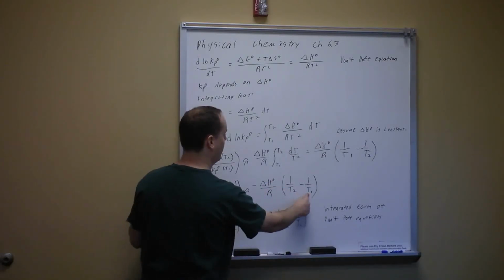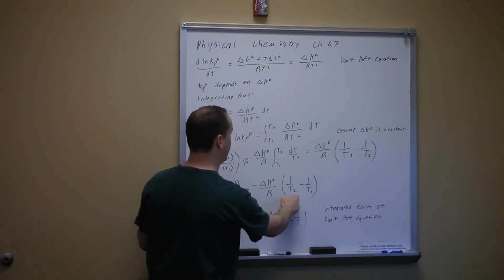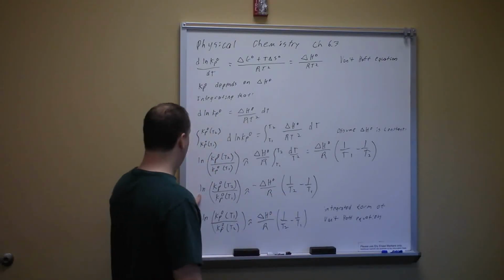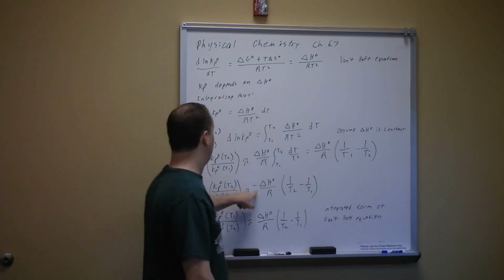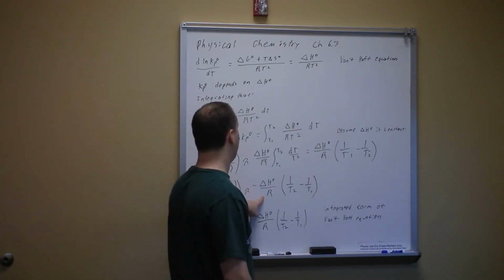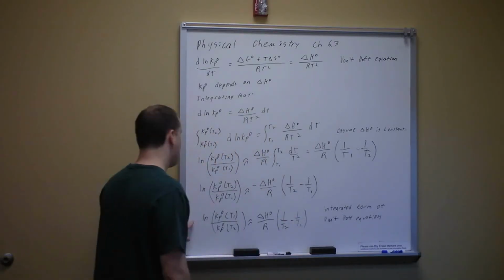If we switch these two around, then it becomes a minus sign. So we get the natural log of Kp naught of T2 over Kp naught of T1 is roughly equal to minus delta H naught over R times 1 over T2 minus 1 over T1.